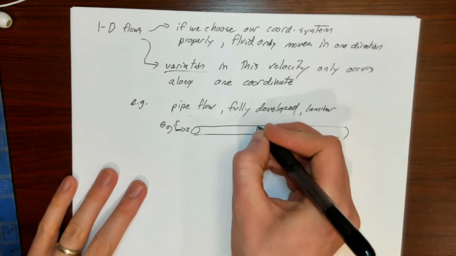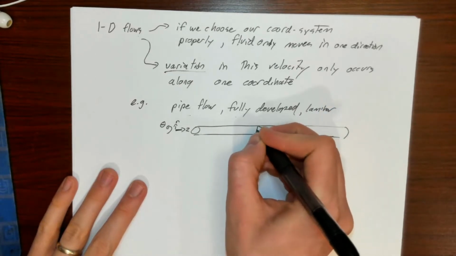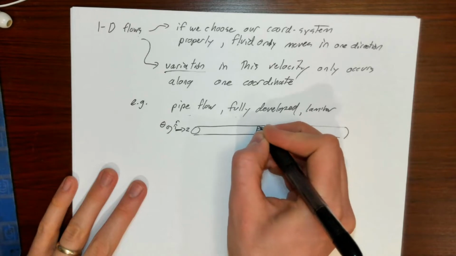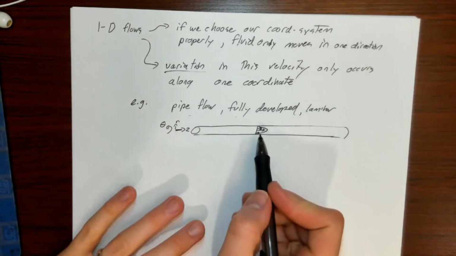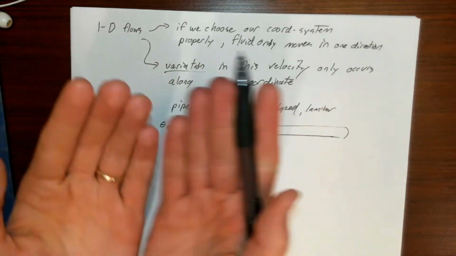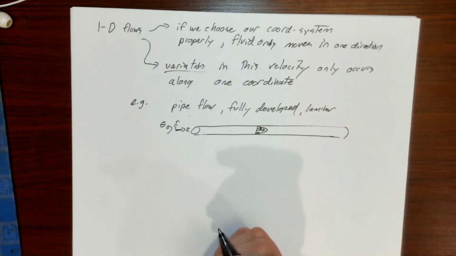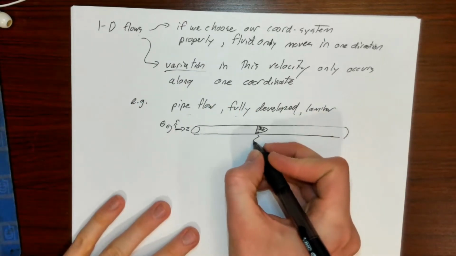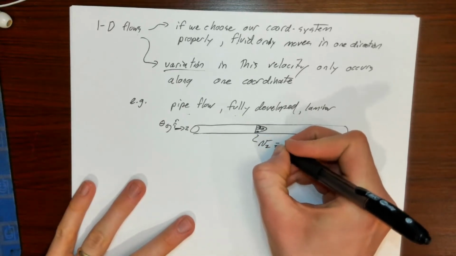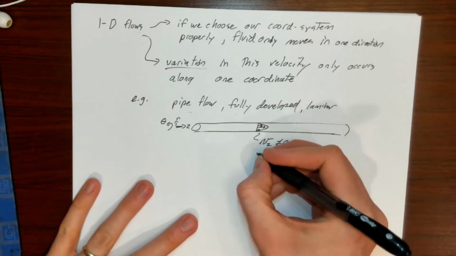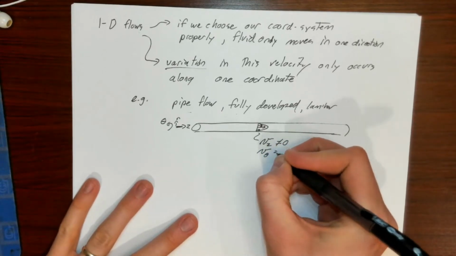And if you have pipe flow that's fully developed and laminar, you typically end up with this parabolic velocity profile that we encountered earlier, where the clouds opened up and Professor Lennon's face told you what this velocity profile was, and then the clouds closed back in. And in this case, we basically have a velocity in the z direction that's not 0, and no velocity in the theta direction.